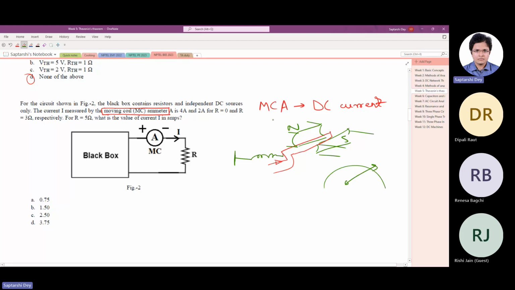What is the other type of ammeter to measure AC current? You are doing basic electrical labs in your colleges? I'd like to know. Deepali, Renessa, Rishi.